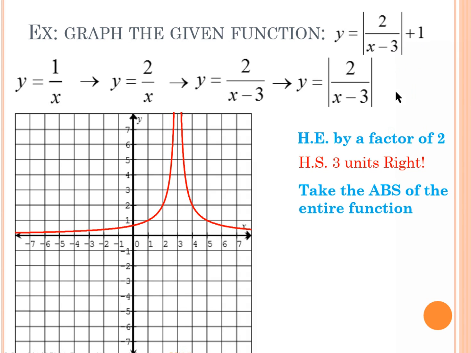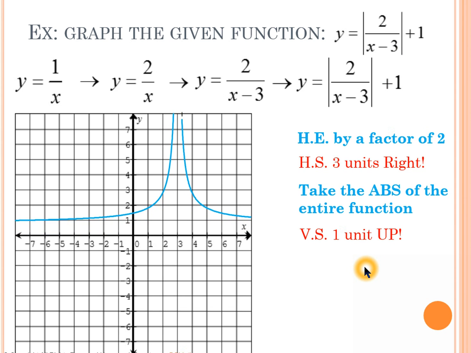And finally, I have a plus 1, so that means I need to shift the graph 1 unit up. And there it is. The graph has been shifted 1 unit up. So this graph here in blue would represent this function right here, y equals the absolute value of 2 divided by x minus 3, plus 1.